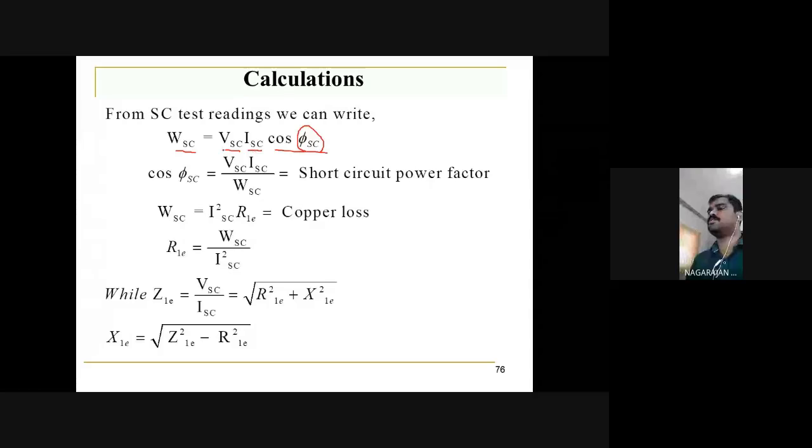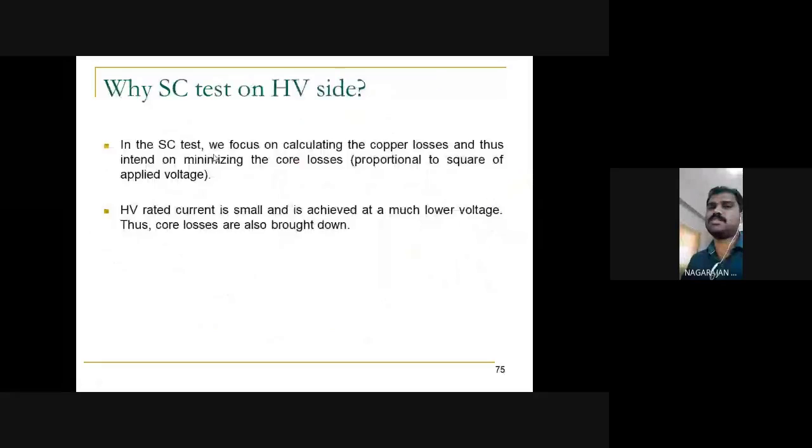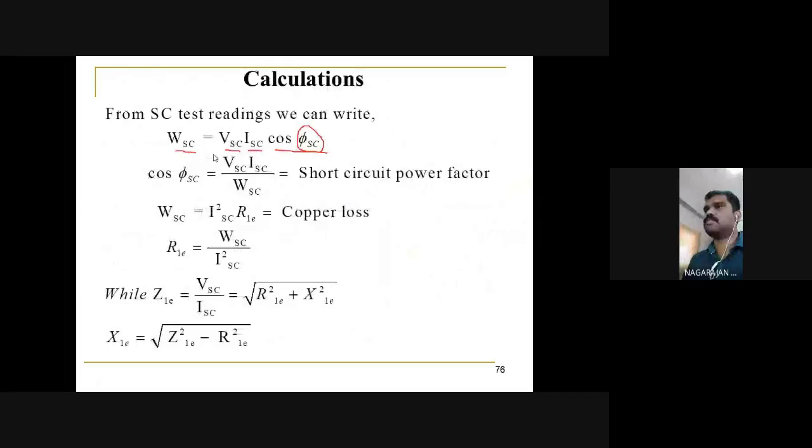In the previous case, it was W naught, V naught, I naught, and cos phi naught. Now, after performing the short circuit test, this equation has changed to WSC, VSC, ISC, and cos phi SC.